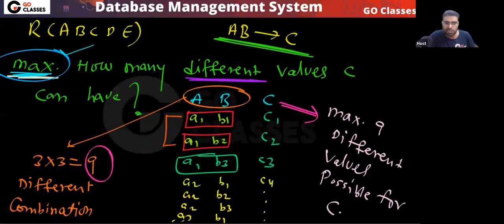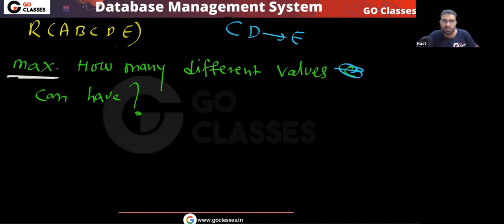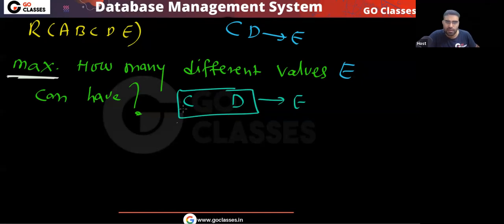Now, the question is asking for D. And remember, CD determines E, and the question is asking for E. So what will be the answer? Now you can easily see this combination CD determines E. C has 9 different values and D has 3 different values.